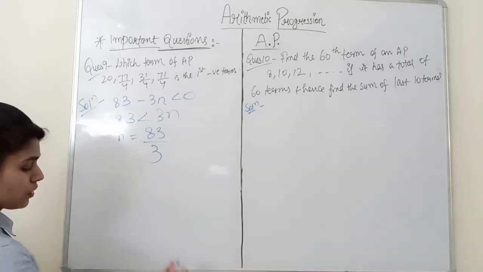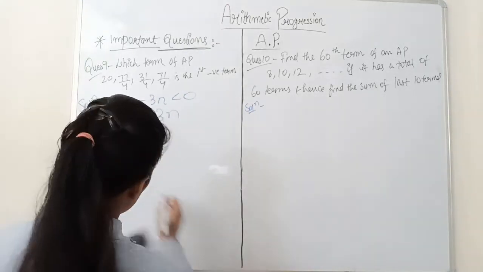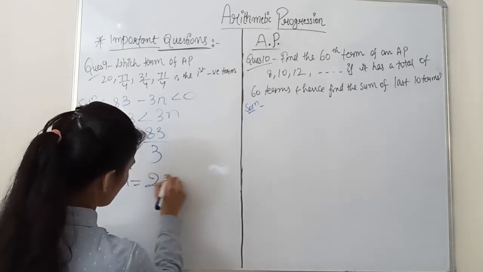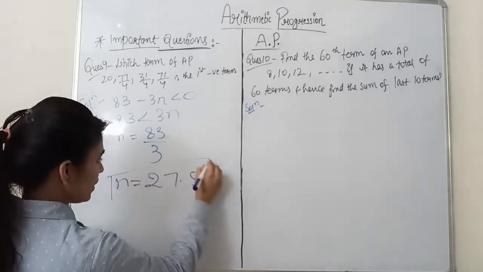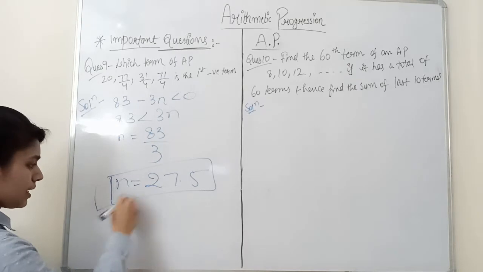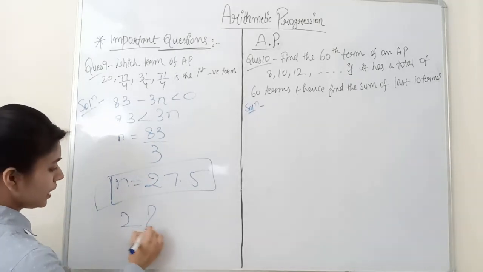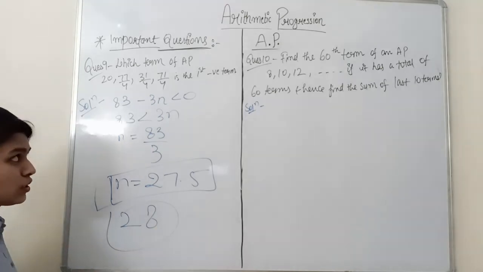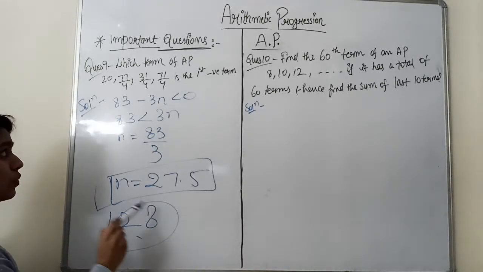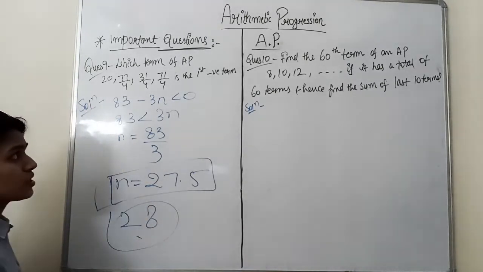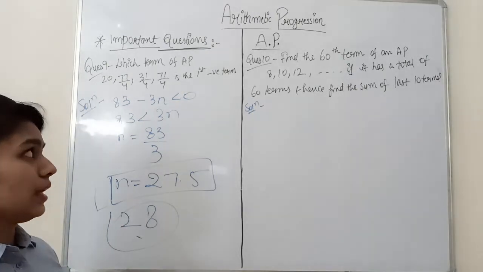Okay. So n is equal to 27.5, which we can write as 28. So at the 28th term, our first negative term will occur.